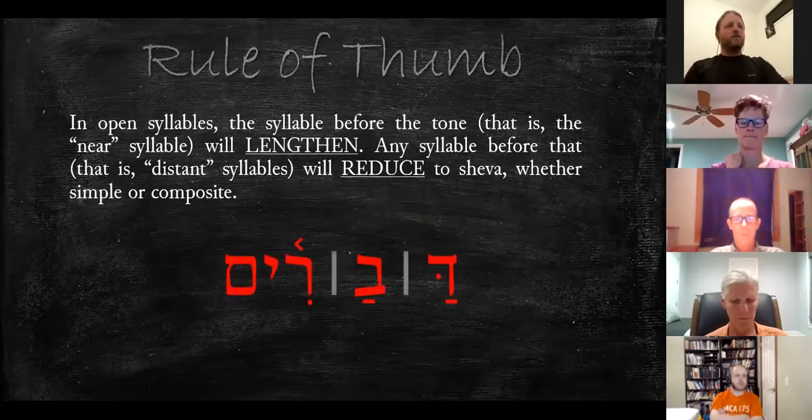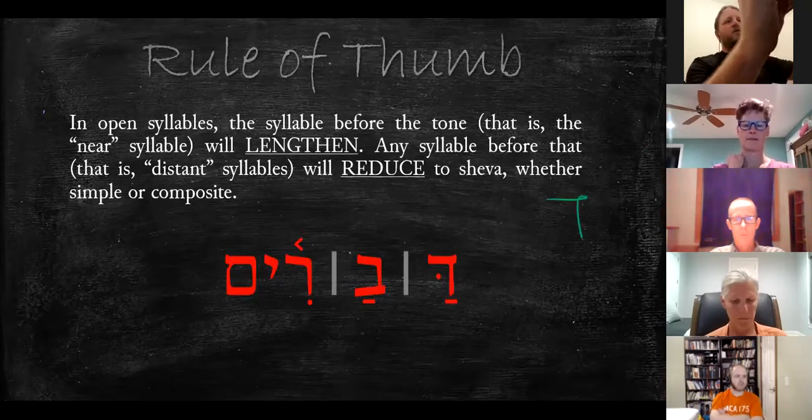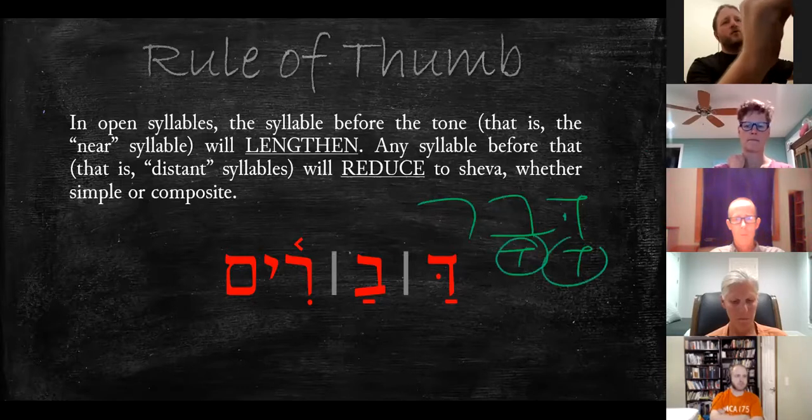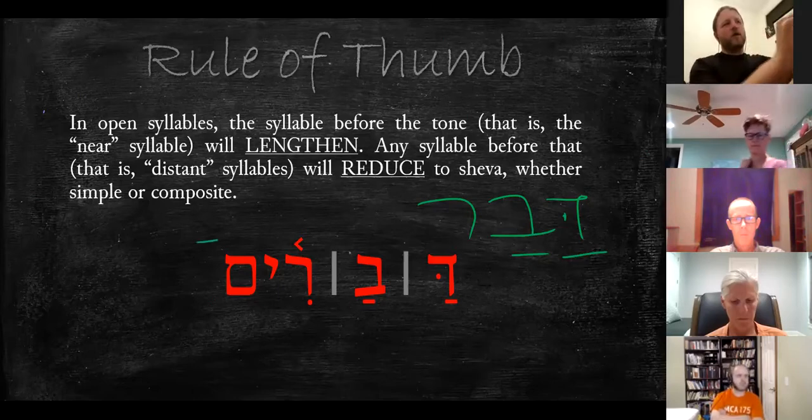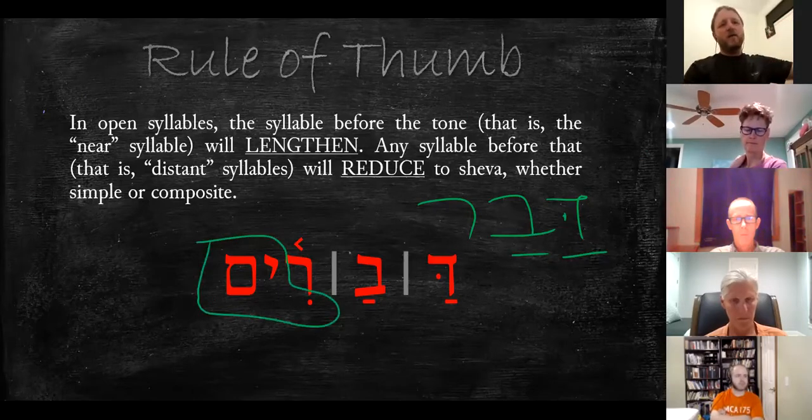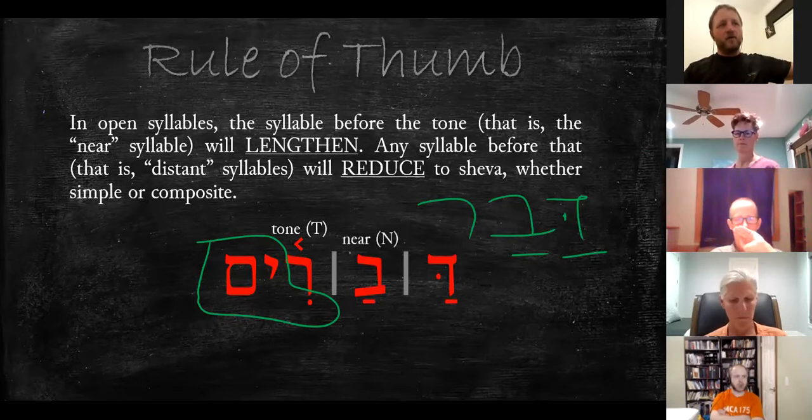Okay, so if we have the word davar and we want to go to the historical form, davar, we reduce these to patach. Okay, they're patach. And then once we have this historical form, we can add the endings that we know. Im is for the plural, right? Then we have the tone, that is the accented syllable, the near syllable, and the distant syllable. This is D1, first distant syllable, right?